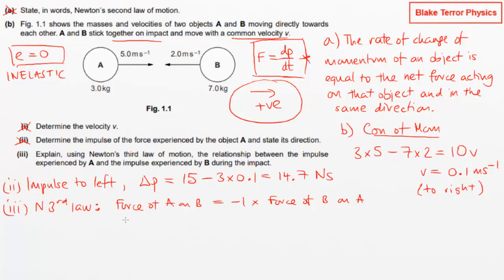The force exerted by A on B is equal and opposite to the force exerted by B on A. So we've got that from Newton's third law.